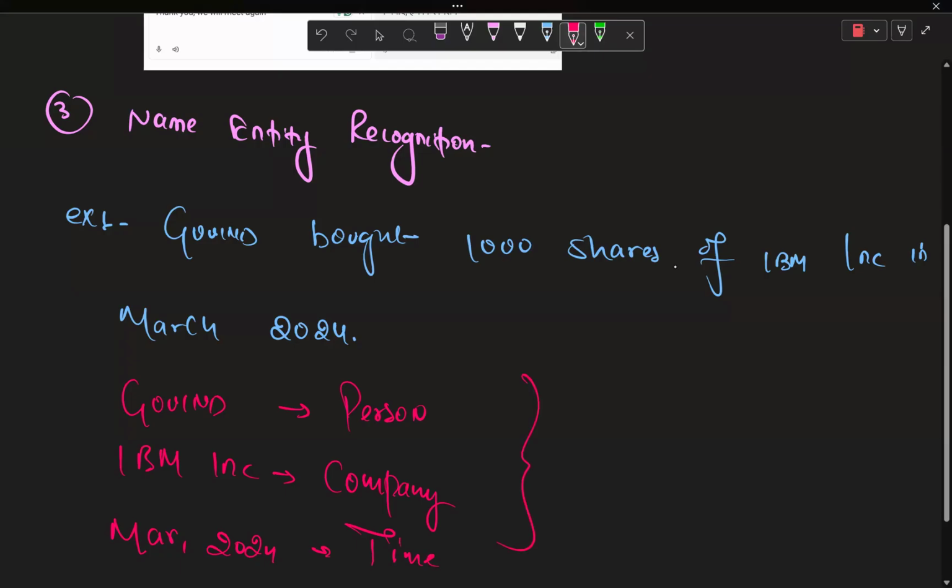So time, location, name, these kinds of things are called entities, named entity recognition from a given piece of text. So again, for this purpose also, this RNN will be used.